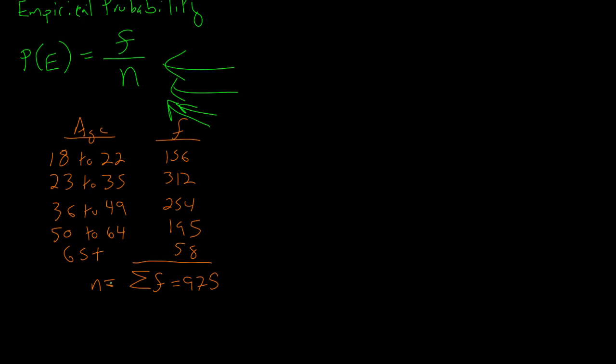Now, when we did our survey, we looked at 975 people. And so what we want to know is, hey, what's the chance, if I randomly reach into these people, that I'm going to get someone between 23 to 35? So I have my 975 people and I'm reaching in and I pull one out.